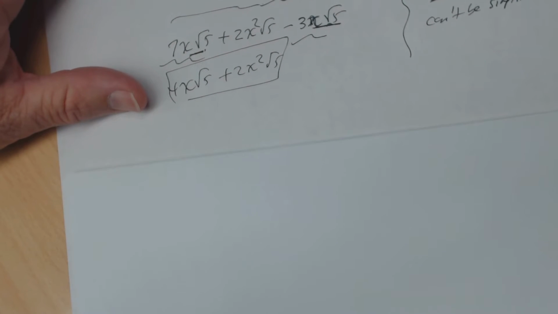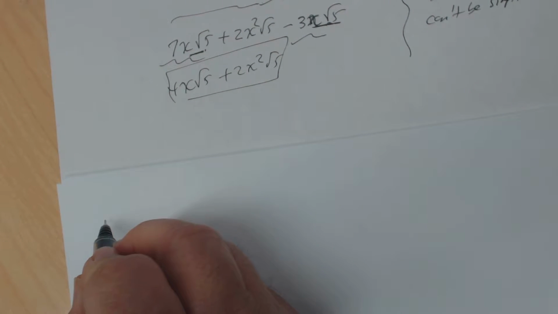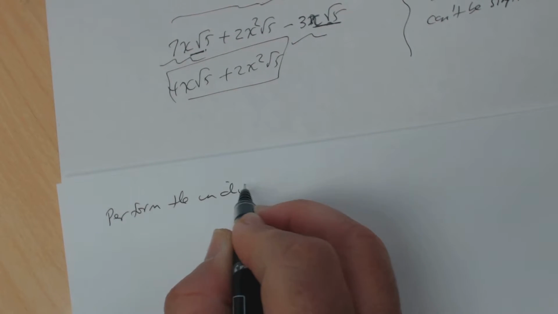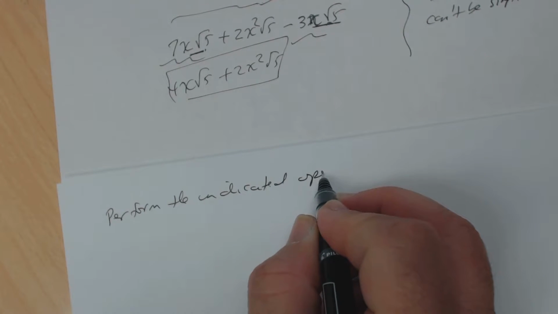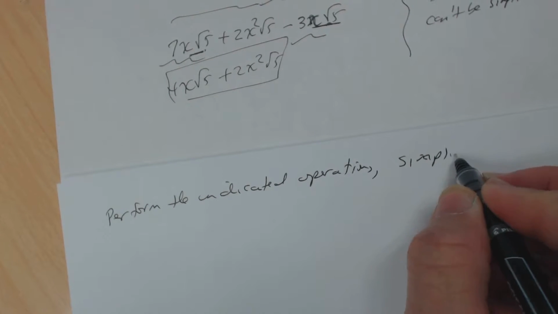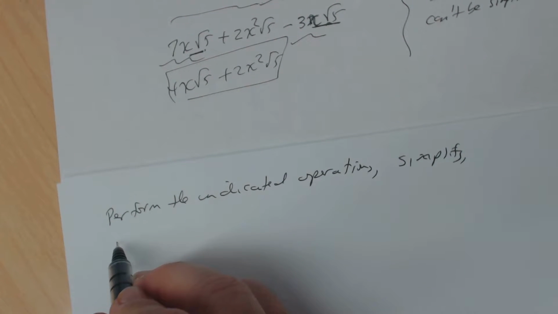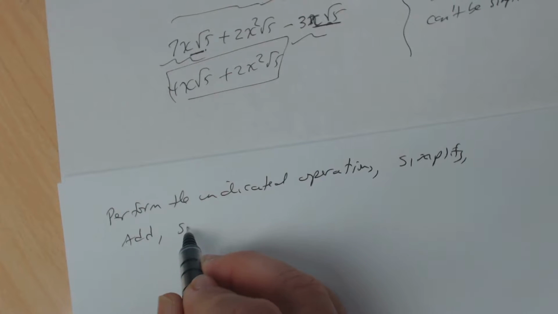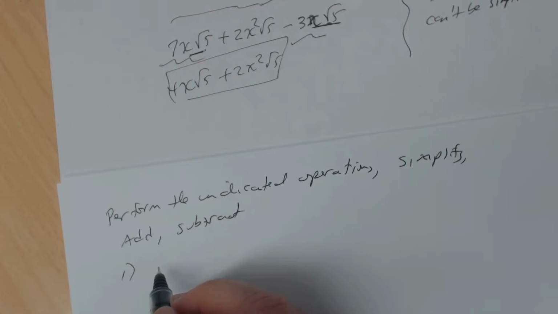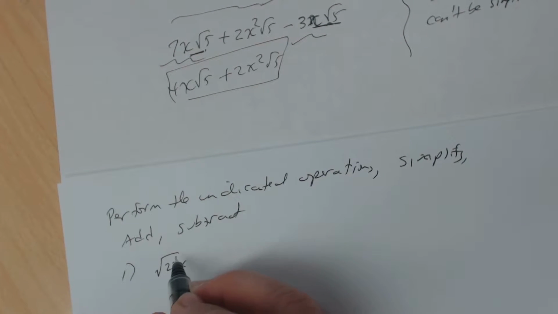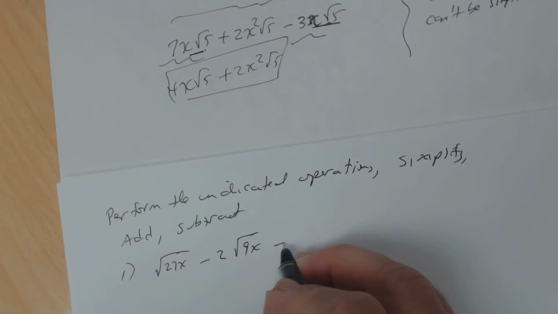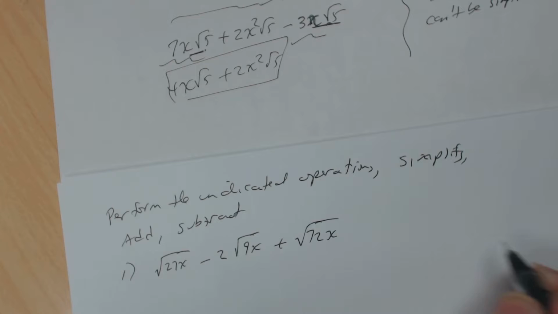Okay, so again, the directions will say either perform the indicated operations, or it could say simplify, or it could say add, or it could say subtract. Okay? All right, number 1. We have the square root of 27x minus 2 square root of 9x plus square root of 72x.